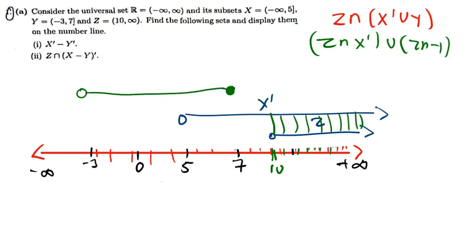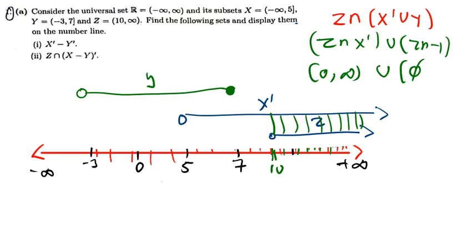That's my Y. Now I can clearly see that Y and Z are not intersecting. So if we union them, the intersection of Z and Y is the empty set, because there is no point where Z and Y meet. The first intersection is 10 all the way to positive infinity, union the empty set.